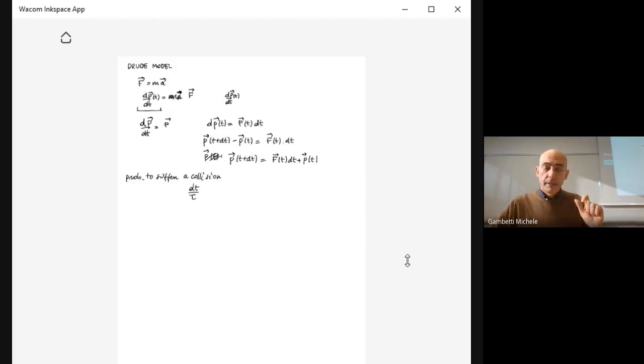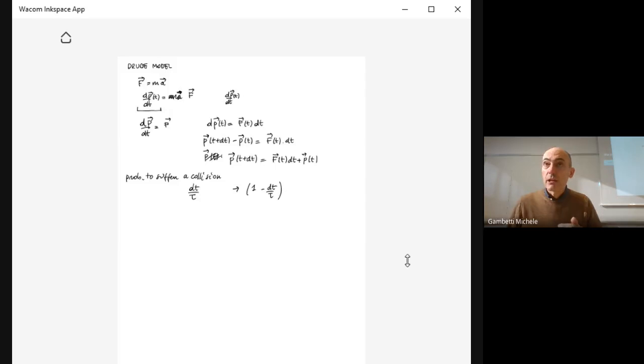If that is the probability to undergo a collision, then to evaluate the second equation of motion, we need to consider only the electrons that do not suffer a collision. So if that is the probability to undergo a collision, the probability to not undergo a collision is 1 minus dt divided by the relaxation time. So this is the probability that the electron will not undergo a collision.